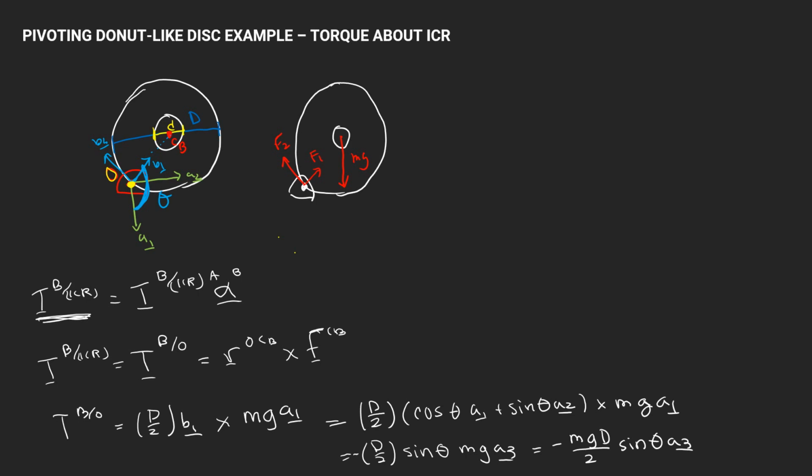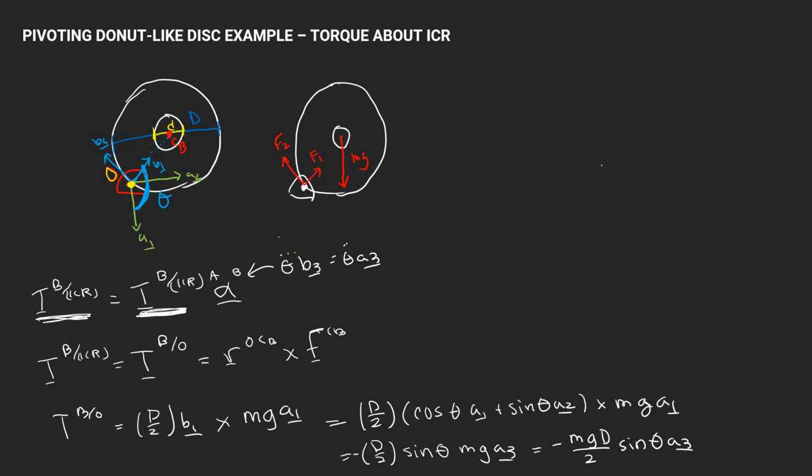Now going back to our equation, we already know what our moment of inertia about point O is. We calculated that in the last example. And then this acceleration term is equal to theta double dot B3, or alternatively, you can write that as theta double dot A3. So we pretty much just now plug everything into this equation.